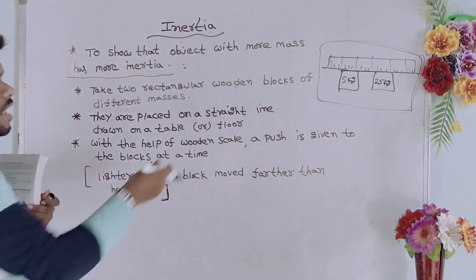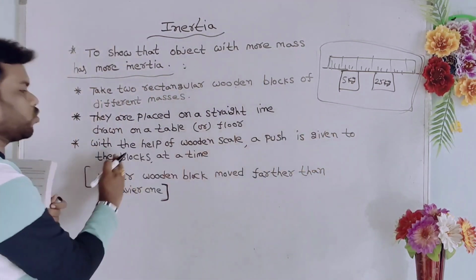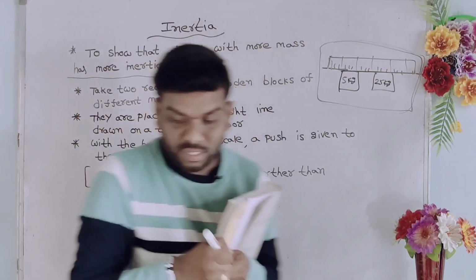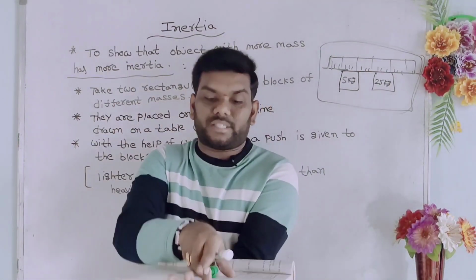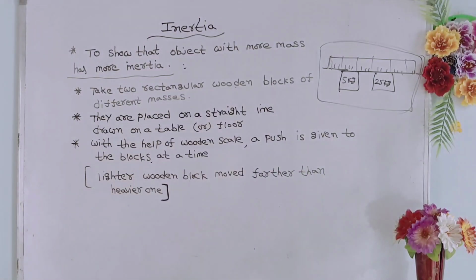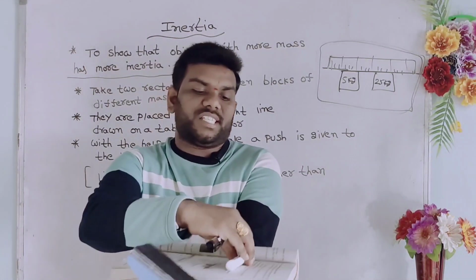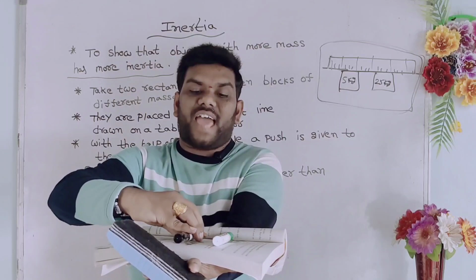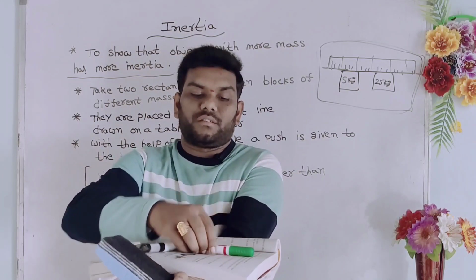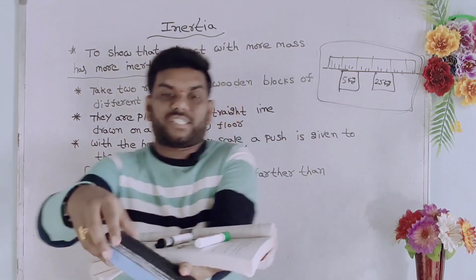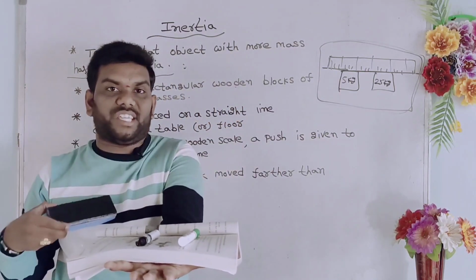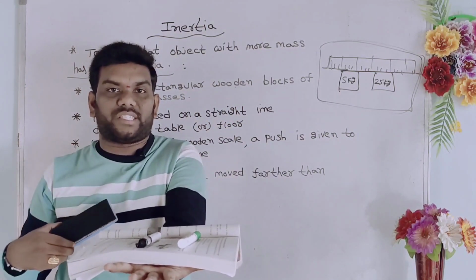A push is given to the blocks at a time. This is one block, and this is another block. Okay, ready, start. This is 5 kg and this is 25 kg.